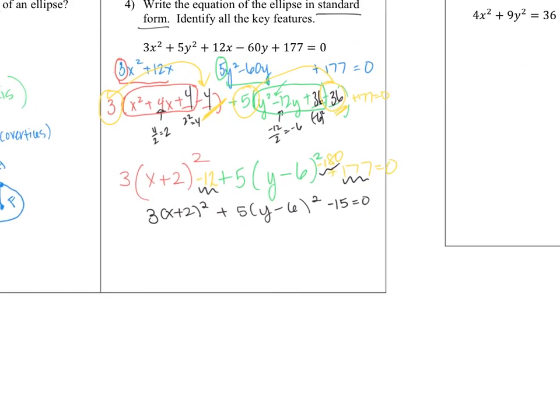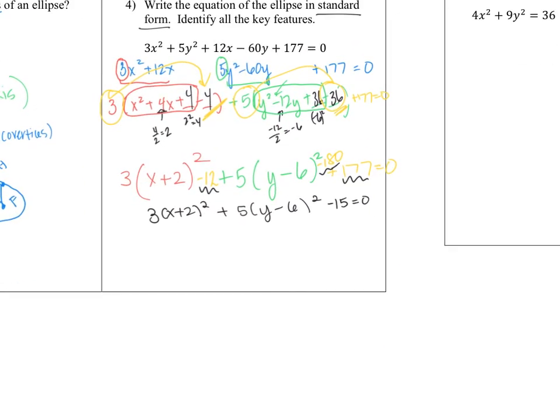Now that's almost looking like my ellipse, almost. It's got the 2 things squared, but it doesn't equal 1. And there's some numbers sitting in the front. So I'm going to move the 15 over by adding 15. So I have 3 times x plus 2 squared plus 5 times y minus 6 squared equals 15.